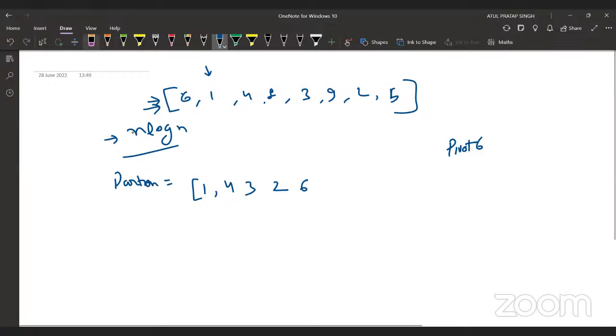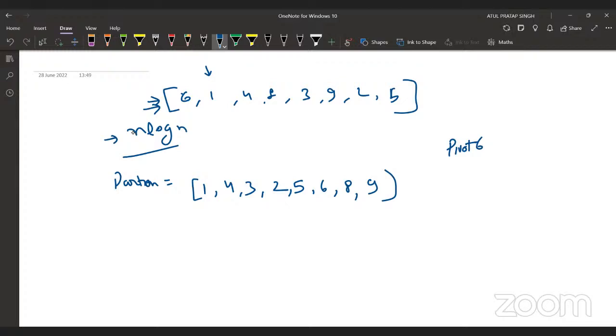One more is remaining, 5 is also remaining. So 1, 4, 3, 2, 5, these are all smaller than 6. Then 6 will come. After that all greater elements will come after this pivot element, so 8 and 9, only 2 elements. So the partition function basically shifted the pivot element to its actual position as in the sorted list.